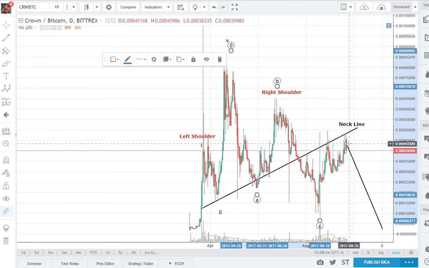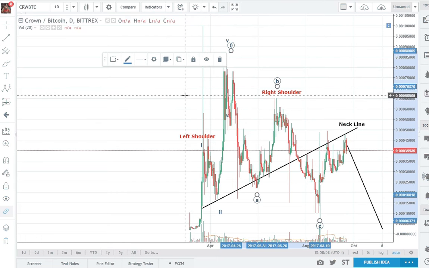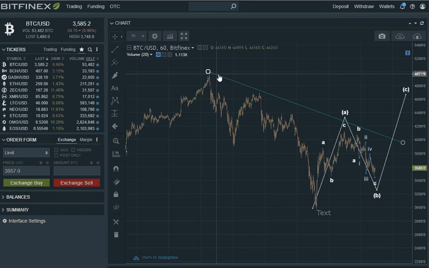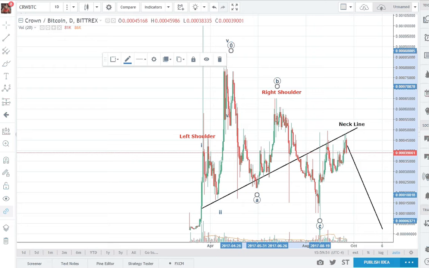So here's the thing. Unless it can breach this neckline, similar to that blue line of resistance I've been talking about for Bitcoin, unless this gets breached, the bullish resumption doesn't continue. And here, similarly, unless this neckline gets breached decisively, not just poked or pierced, the bullish scenario is hard to fathom.